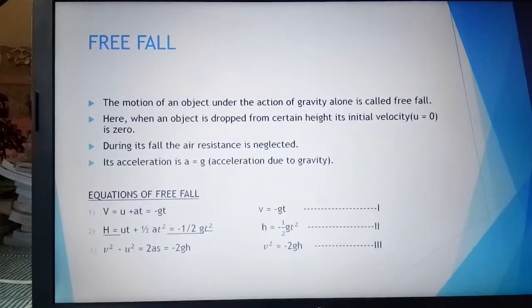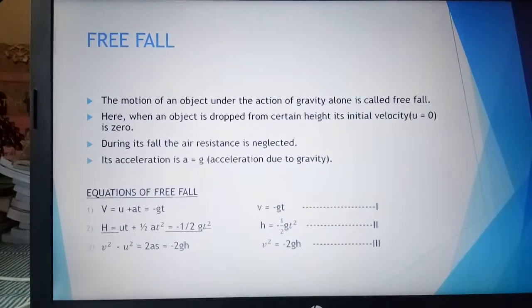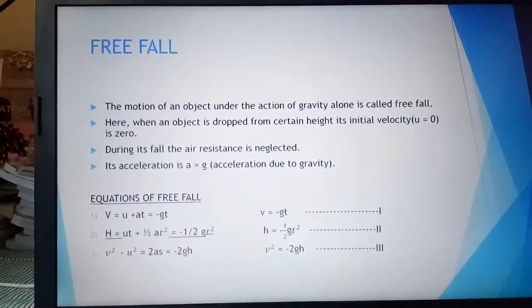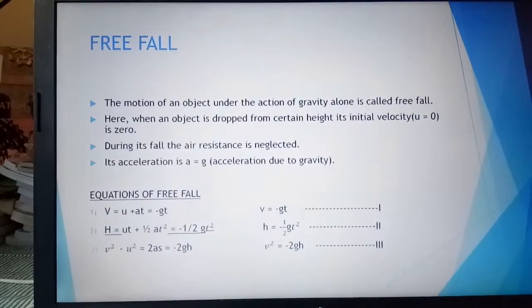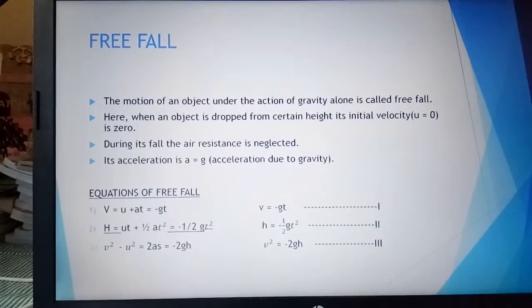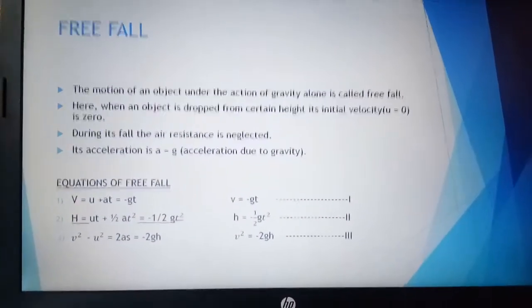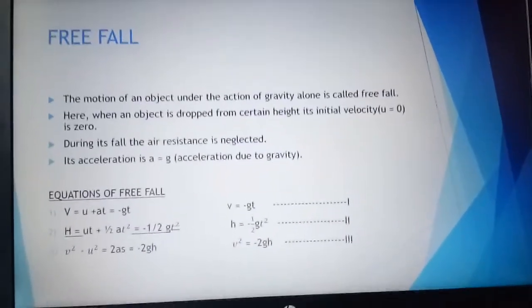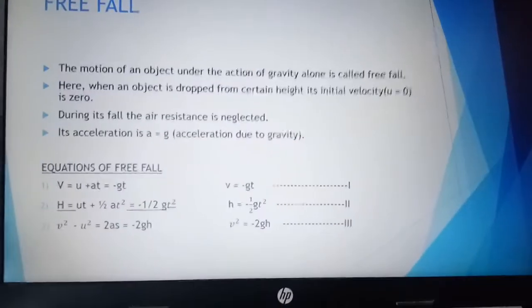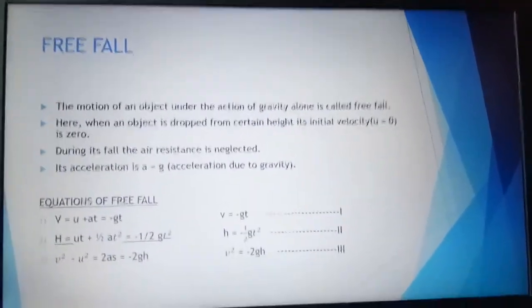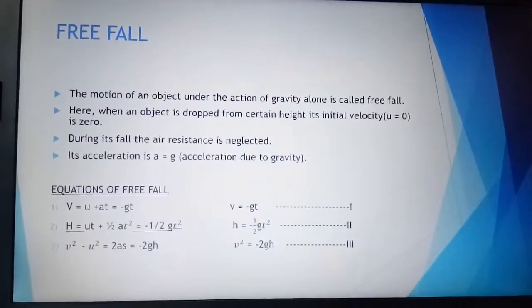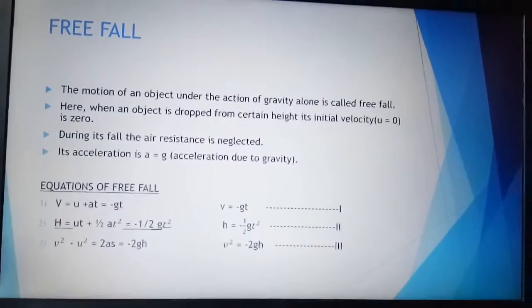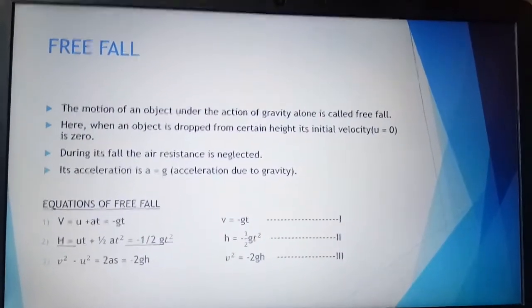During its fall, we know that there is air resistance, which offers resistance to the free motion. Now we neglect air resistance. When the air resistance is neglected, then we study the motion of an object under the action of gravity alone. Such a motion is called free fall.